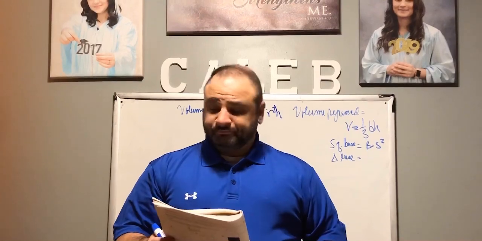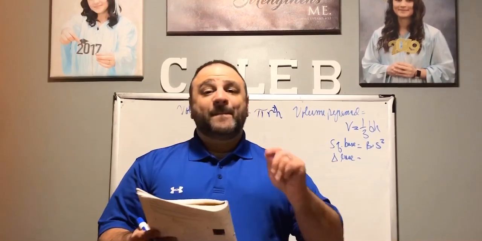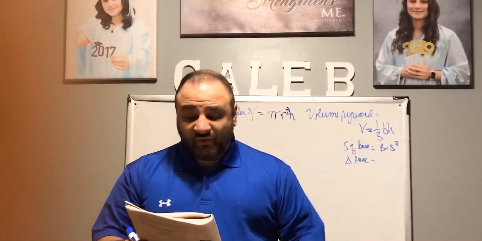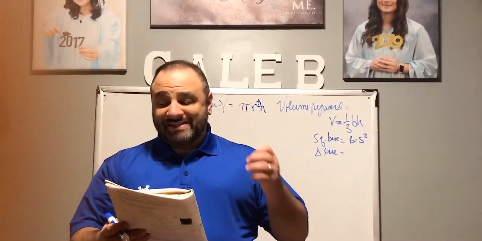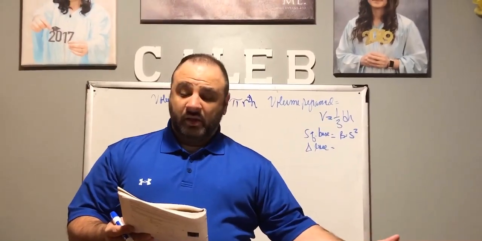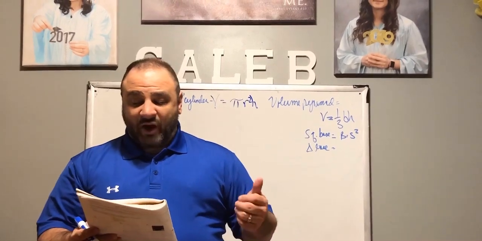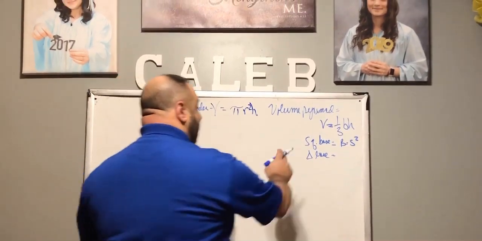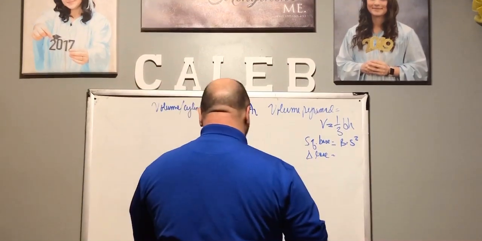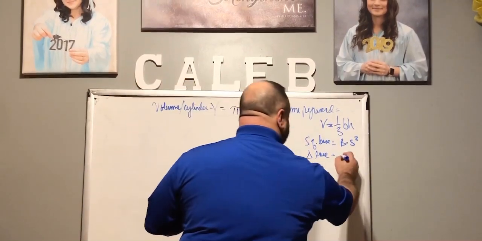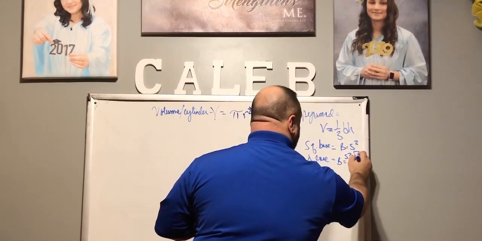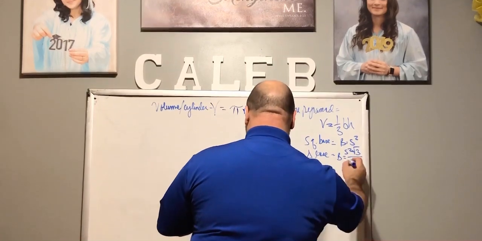How do we find its volume? Remember, B equals the area of the base. Since the base of a regular triangular pyramid is an equilateral triangle, this goes back a few pages now, we use the formula to find the area of the base, which is s squared times the square root of 3 over 4.